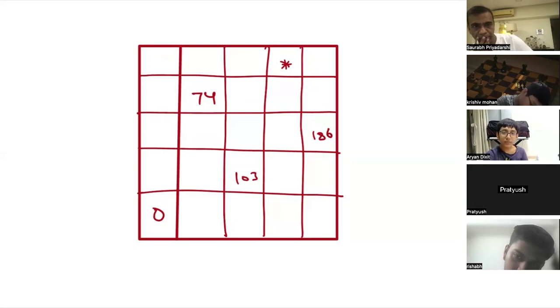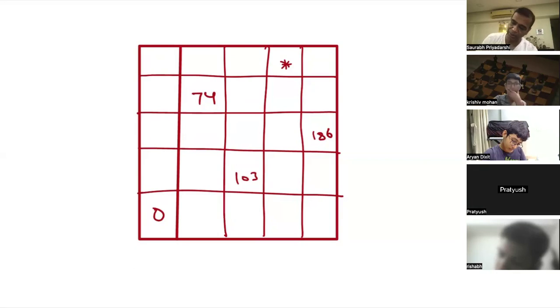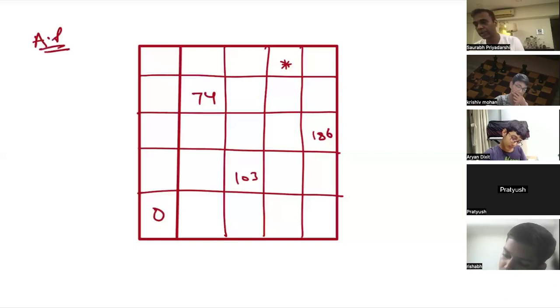The number in each row and column form arithmetic sequence, right? Asterisk is given, you have to find what is the value in place of star.